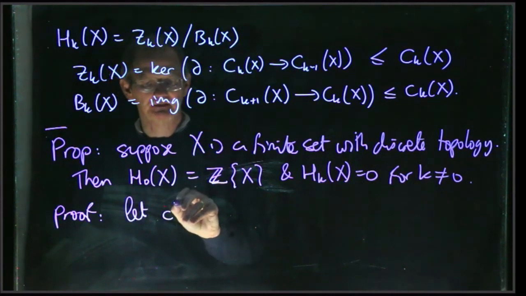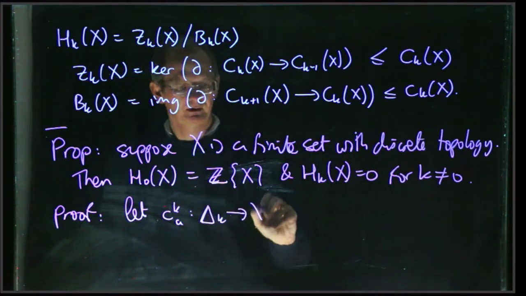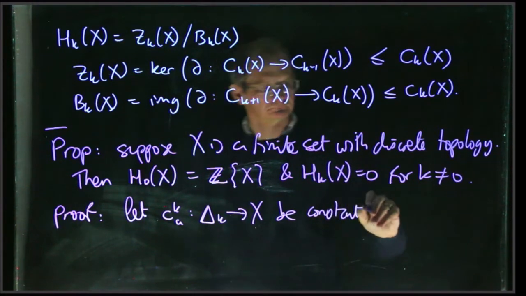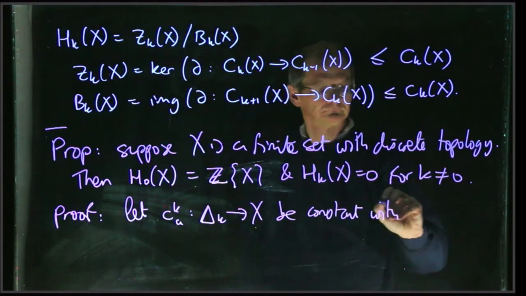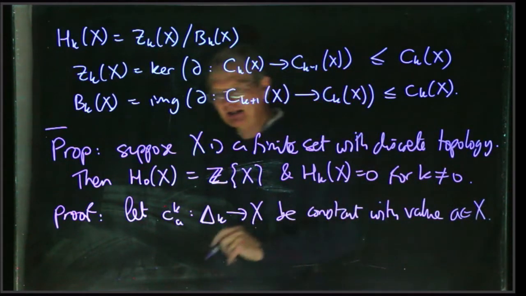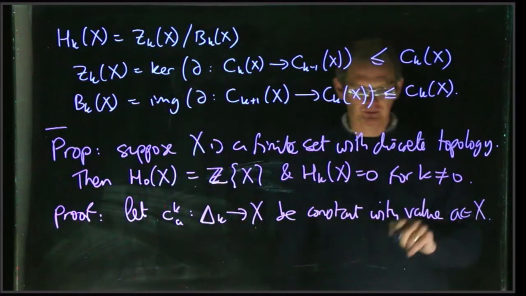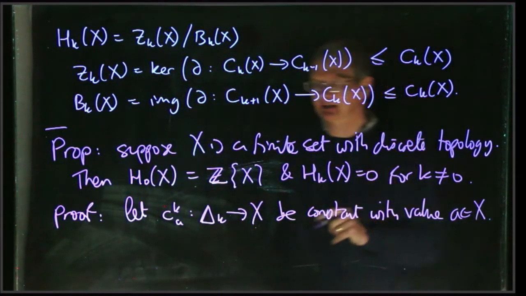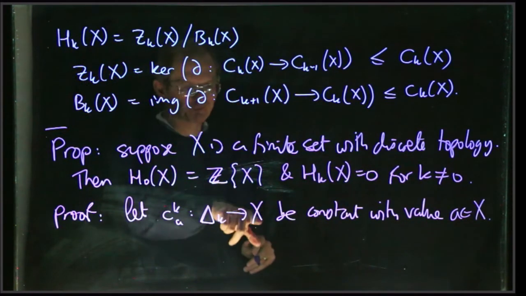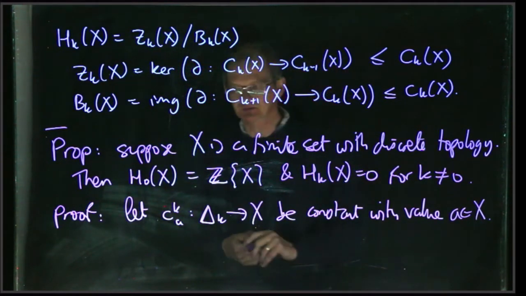So let's let c_k^a from delta_k to X be, so for every point a in X, we've got a constant map from delta_k into X, which sends everything to a. And it's kind of clear, because we've got the discrete topology on X, that any continuous map from delta_k into X has got to be constant.